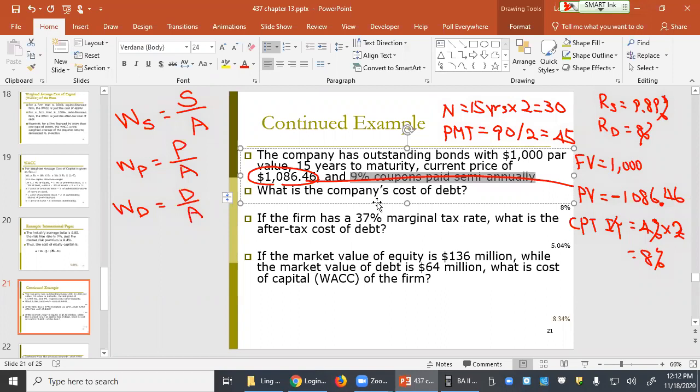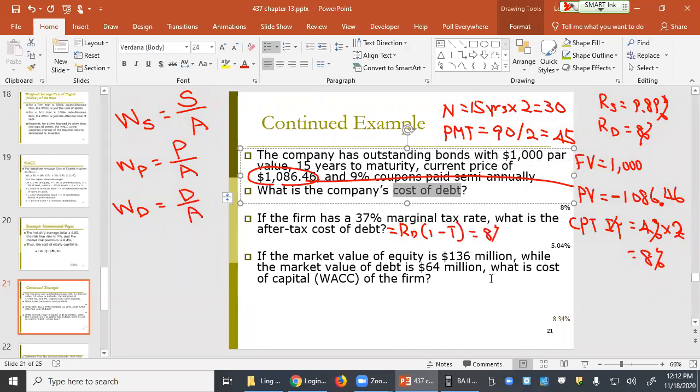But we actually need to convert the cost of debt into the after-tax cost of debt, because interest expense is tax deductible. At the surface, it may look like we pay 8%, but actually we pay lower than that because we get to save a little money on taxes. So the after-tax cost of debt is our RD multiplied by 1 minus the tax rate.